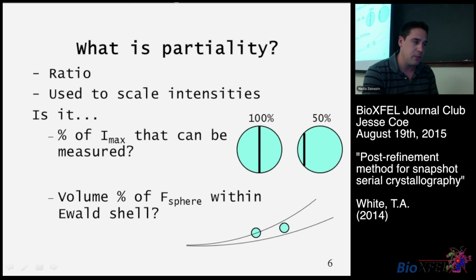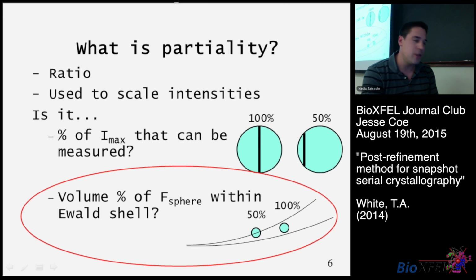And so when measuring a spot, we would want to see within this nest of Ewald spheres how much of our spot is being measured within them. So in this view, it would look something like that. If it's fully within the Ewald shell, then you'd have 100%, and if it's not, you would have some fraction of that.